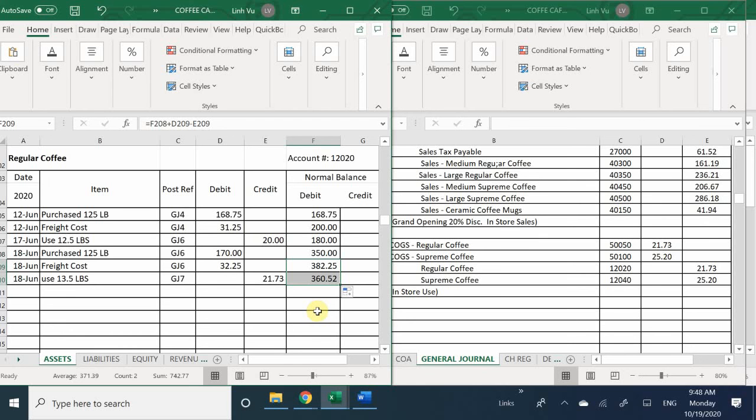I was adding both the credit figure there, the $20 and the 21.73. Okay. All right, because we had to separate them. So what's my new total amount in my regular coffee?